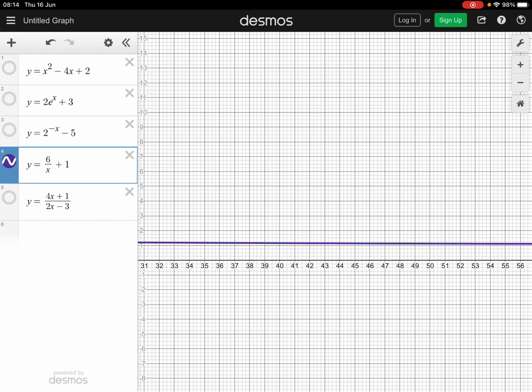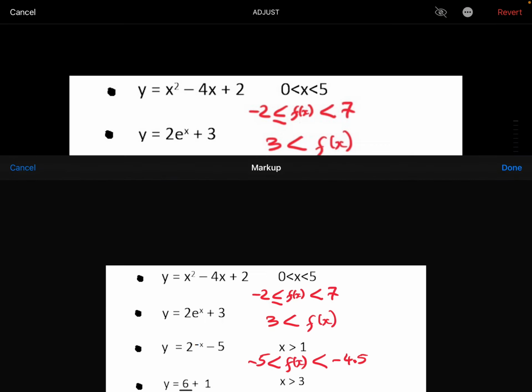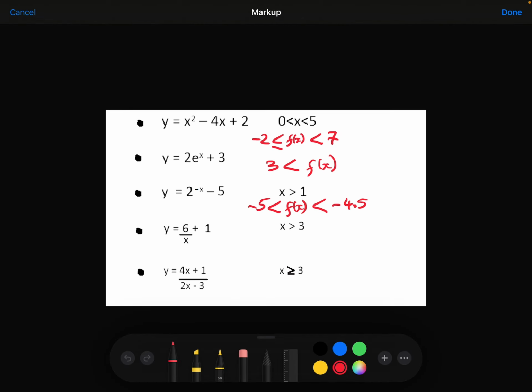So I can say that my range for this, f of x, has to be bigger than 1. It can't equal 1 because 1 was the asymptote, and less than 3. Again, it can't equal 3 because there's no equals in the domain here. If there was a line underneath here, then I would put a line underneath here like that.